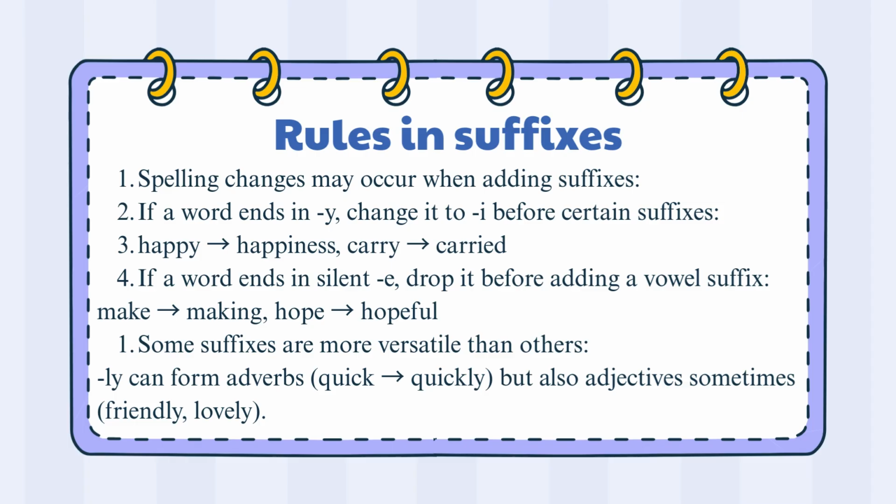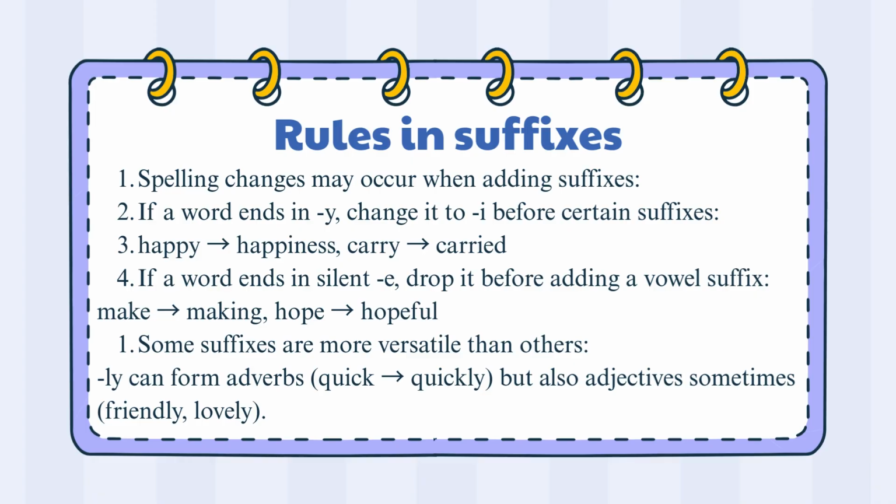The Y is changed into I, and then you add NESS. And we have carry, carried. The Y is changed to I, and we added ED. So you must apply this rule when adding certain suffixes.